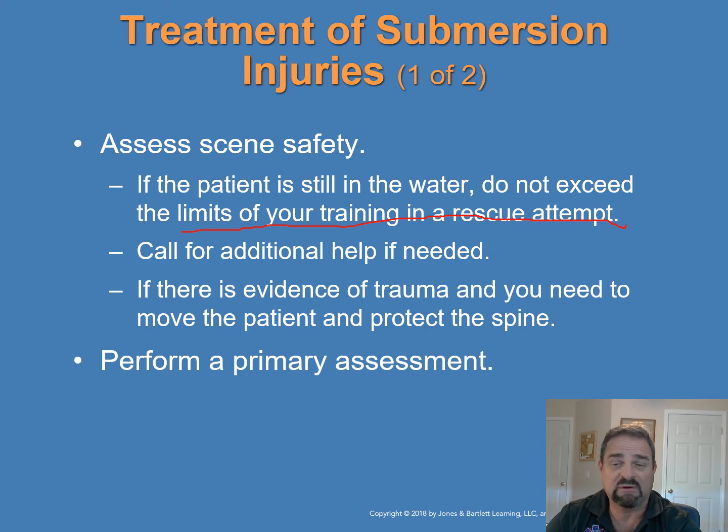And in your primary assessment for the unconscious patient, remember you check for a pulse and scan the body for breathing. If there is no pulse, you're going to do your compressions, your 30 compressions. Then you open the airway, see if they breathe, and if they don't breathe, you give them 2 breaths, okay? Now, with drowning patients, if you remember back in your professional rescue or CPR, it talked about giving 5 rescue breaths before you get started with anything.